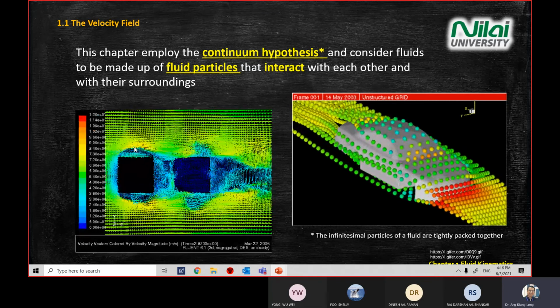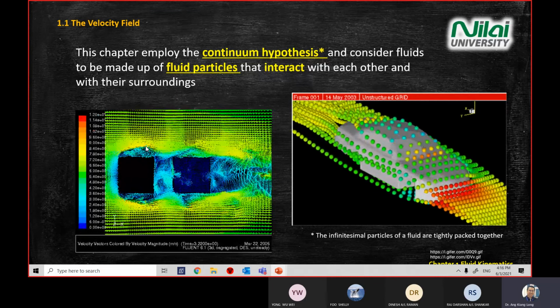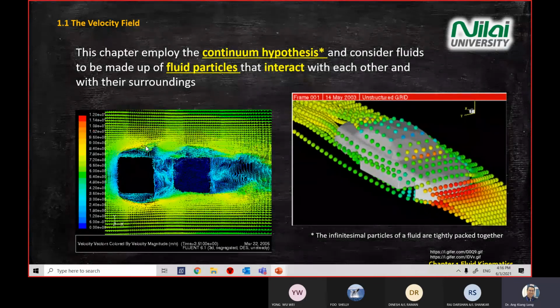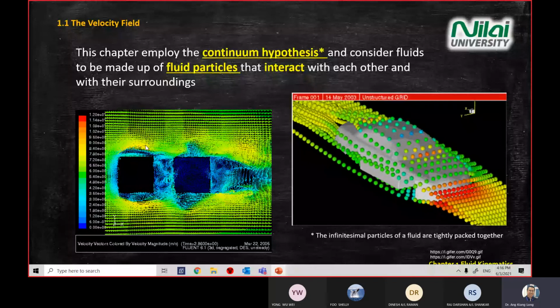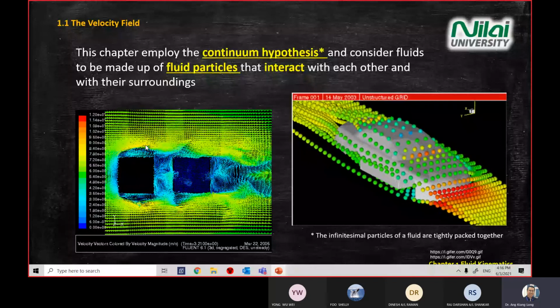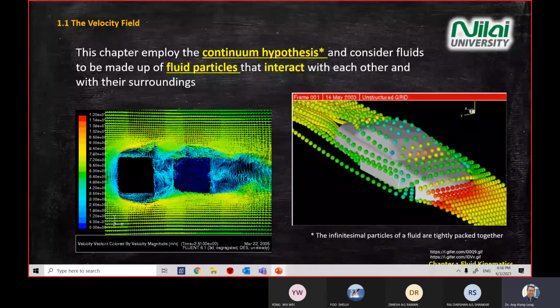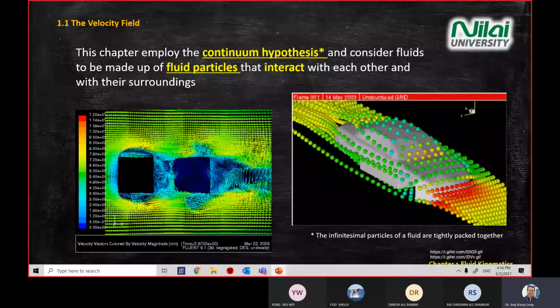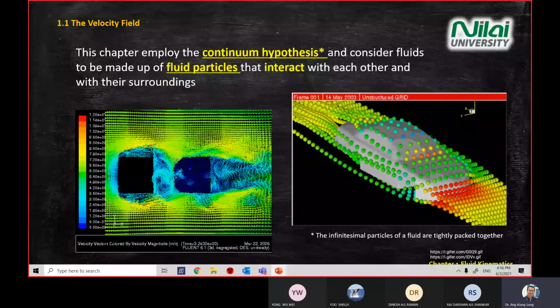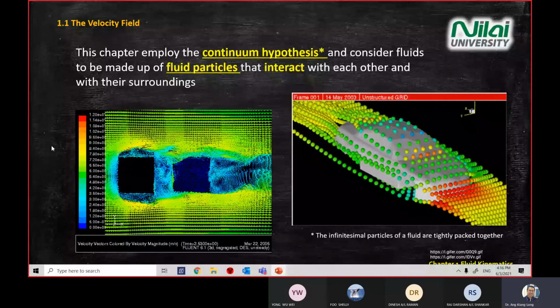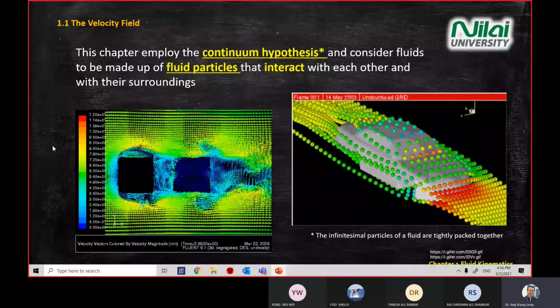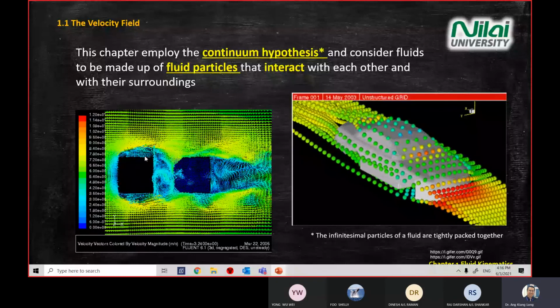When you talk about magnitude and direction, you need to link with the vector. So if you're weak in vector, please go back to your mathematics, advanced mathematics, or maybe engineering mathematics, to review what is a vector. Okay, so I assume you already know what a vector is when you come to this stage.